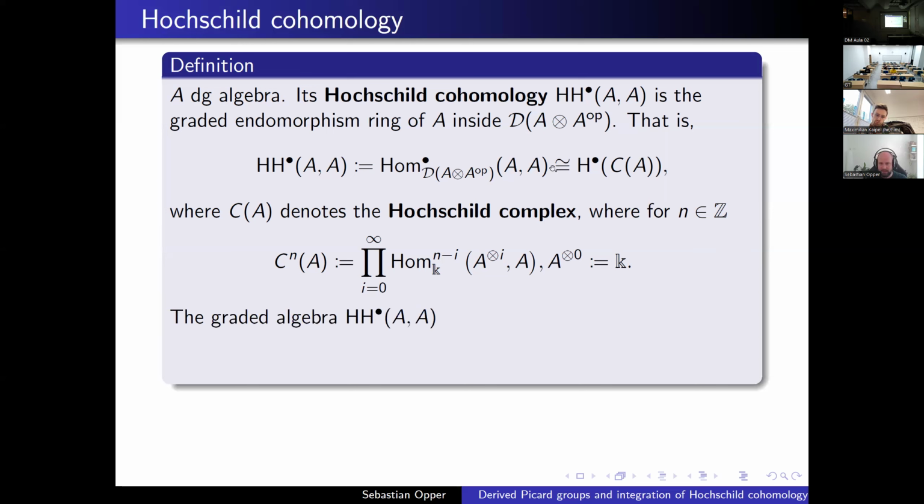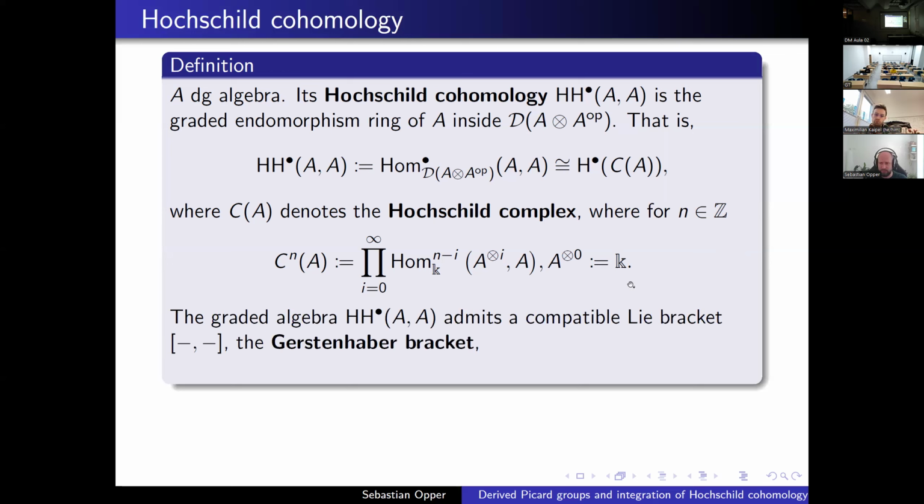And then it's a graded algebra. This is a graded algebra because, well, this is an endomorphism ring. We have composition. This also admits a Lie bracket, which is compatible with this, and this is called the Gerstenhaber bracket. This turns not the Hochschild cohomology strictly, but the shift of this, into a graded Lie algebra.